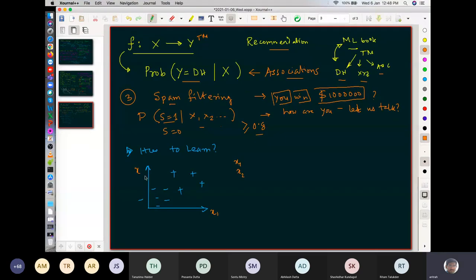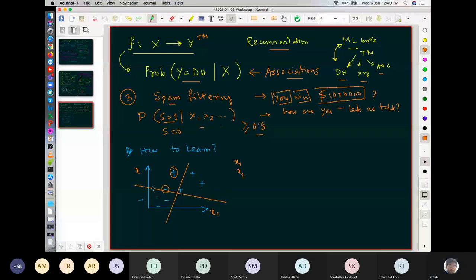In two dimensions, I need to put a line. I can put a line this way, which misclassifies some of the points like this. I can put a line this way, which misclassifies some other points. In two dimensions I want to put a line to classify; in higher dimensions it will be called a hyperplane.